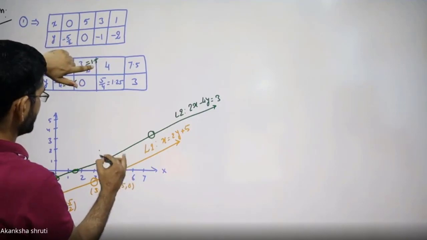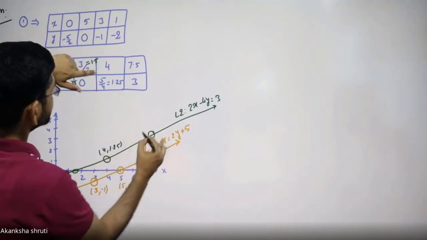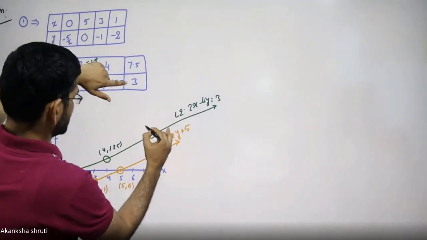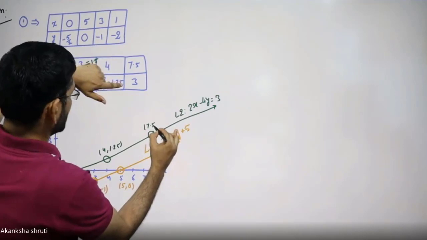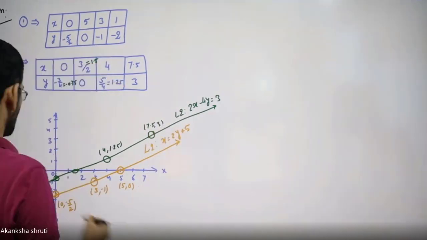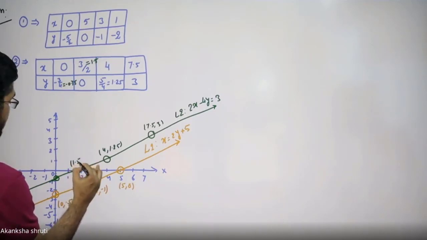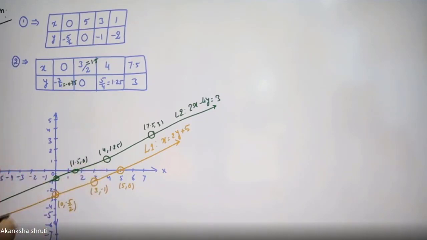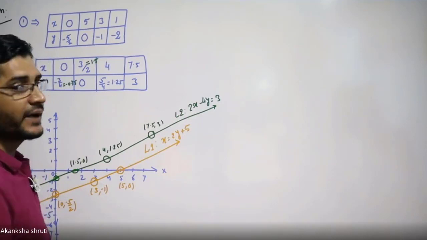It was 4 and 1.25. It was 7.5 and 3. You may put this point also. It is our 1.5 and 0. You may put this point also. So this way we are observing that these two lines are coming parallel.